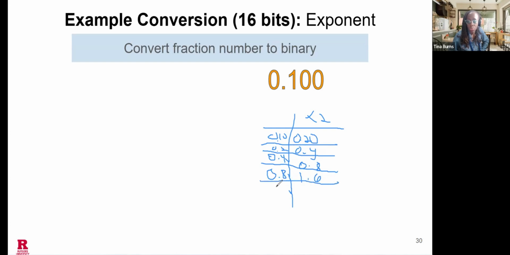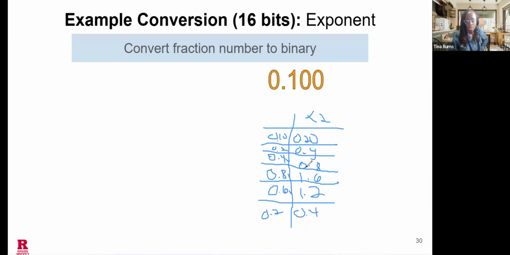So yes, it's 1.6 here, but when I bring it back to this left side, I don't want to have this whole number here. So I'm going to truncate, I'm going to take off that 1 in order to do the rest of this calculation. So this is 1.6 here, but I don't need it on this side. All right, so 0.6, then this becomes 1.2. Again, all I need is the fractional portion of this. Then this becomes 0.4. And we can stop here.